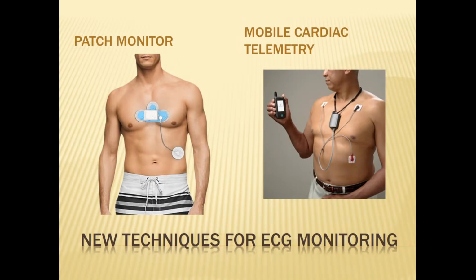And now I want to show you a few new techniques to avoid the limitations of the Holter monitor, the so-called patch monitor. In this case, there are only a few electrodes, three electrodes very close to each other and one separate. There are not so many wires.